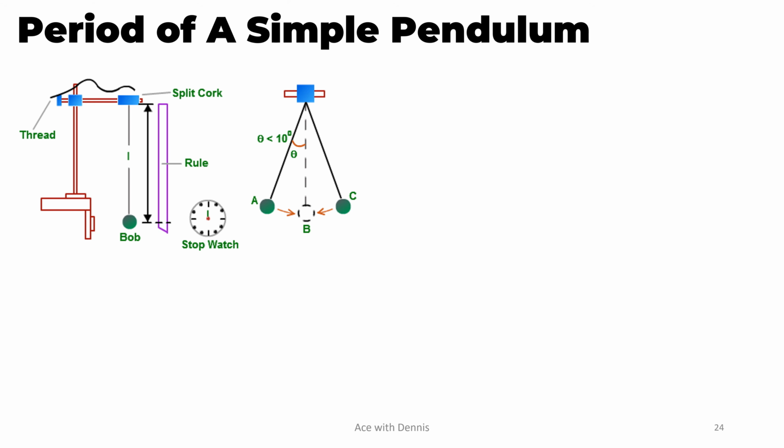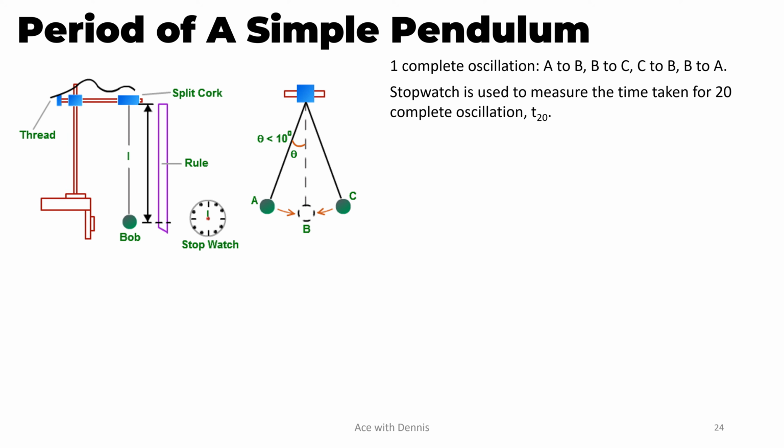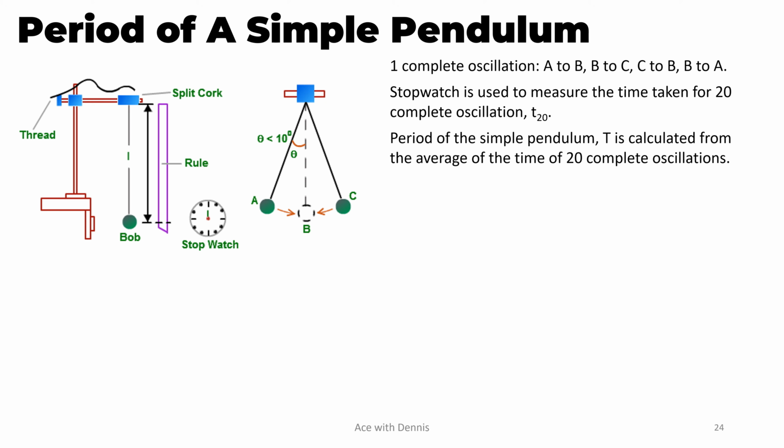One complete oscillation goes from A to B, then B to C, C to B, and B back to A. The stopwatch is used to measure the time taken for 20 complete oscillations, T20. The period of the simple pendulum, T, is calculated from the average of the time of 20 complete oscillations. So T will be T20 divided by 20.